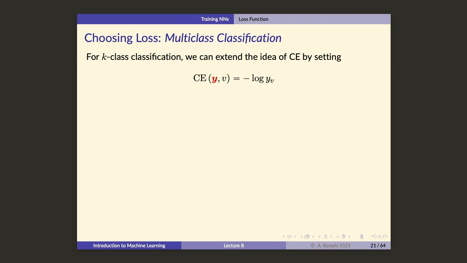So you look at the class v. Your y vector looks like this: y1, y2, and so on till yk. And then you look at the class v, so here in between is your true class, right? And then you see what is the probability of that class. This is y_v. You get y_v, you put it in this expression, and then you compute the log. Okay? And now this is going to be your loss.